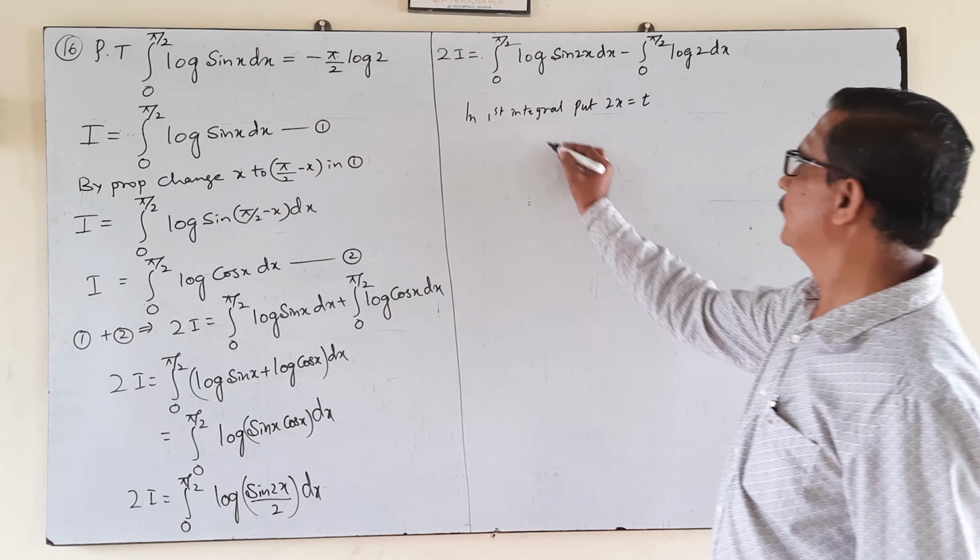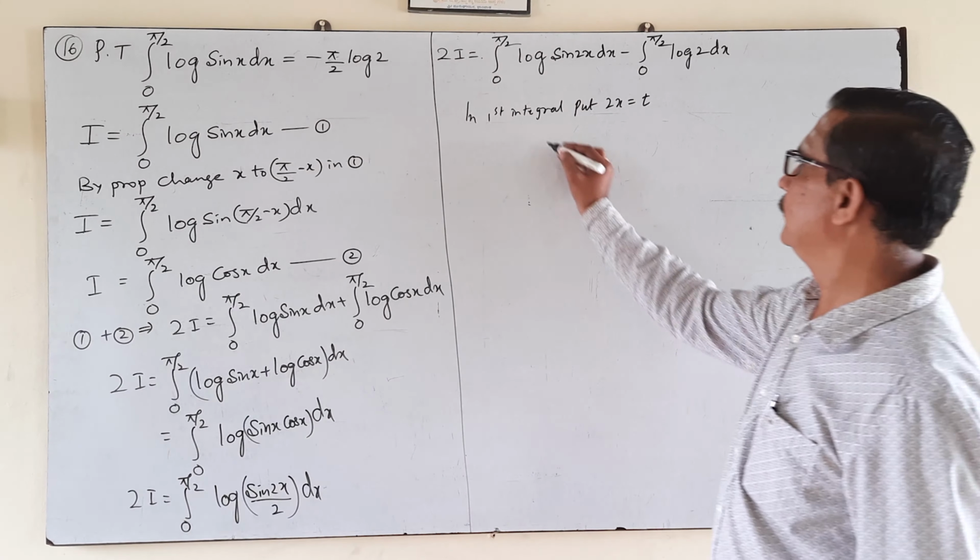Now the corresponding limits. At x equal to lower limit 0, t is equal to 2 into 0, that is 0. At x equal to pi by 2, t is 2 into pi by 2, the 2s cancel, that is pi.